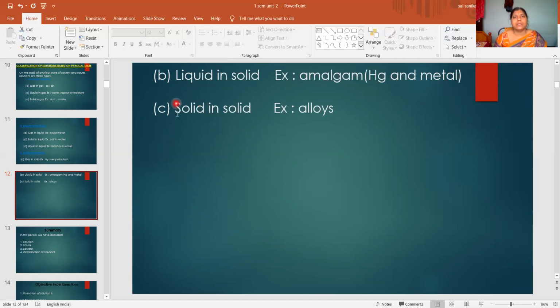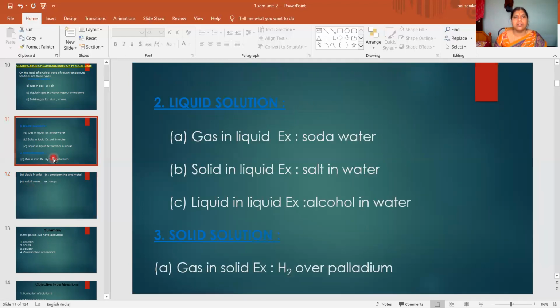Then last one, solid in solid. Here both solute and solvent are solids. Example alloys. Alloy is nothing but mixture of two or more than two metals. So any metal, that is sodium, zinc and copper, solid in solid. So copper and nickel, like that. So these are the solid solutions.